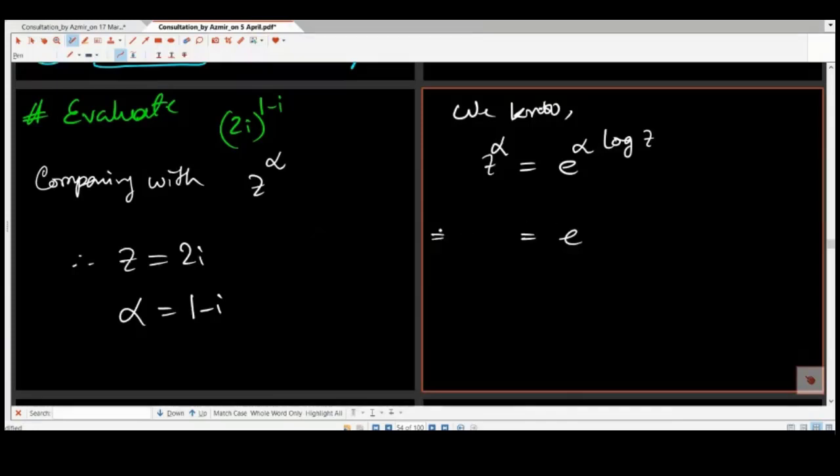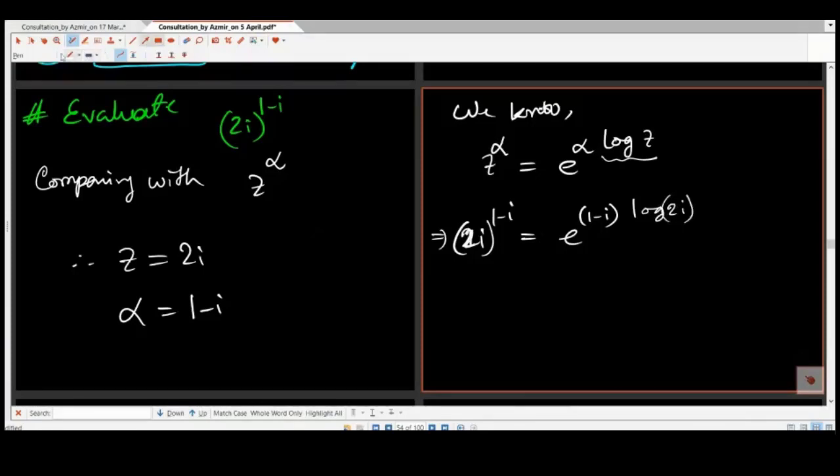Now we can write z to the alpha, that is 2i power 1 minus i. We are just plugging the value. This is z, this is alpha. e to the alpha, that is 1 minus i, log z. So log 2i.